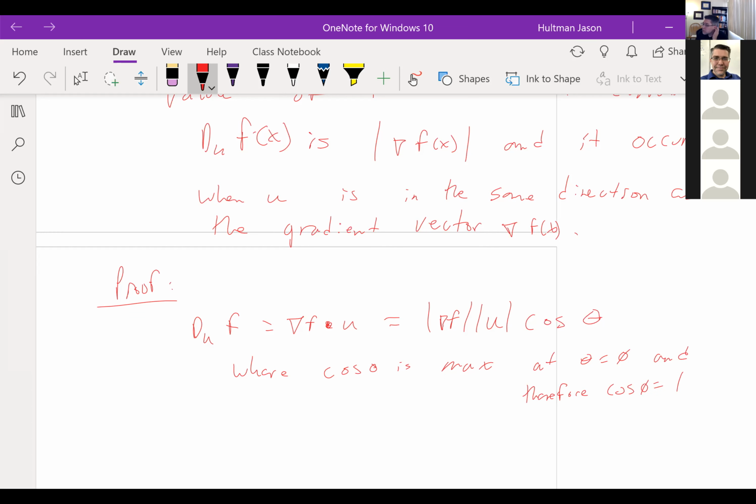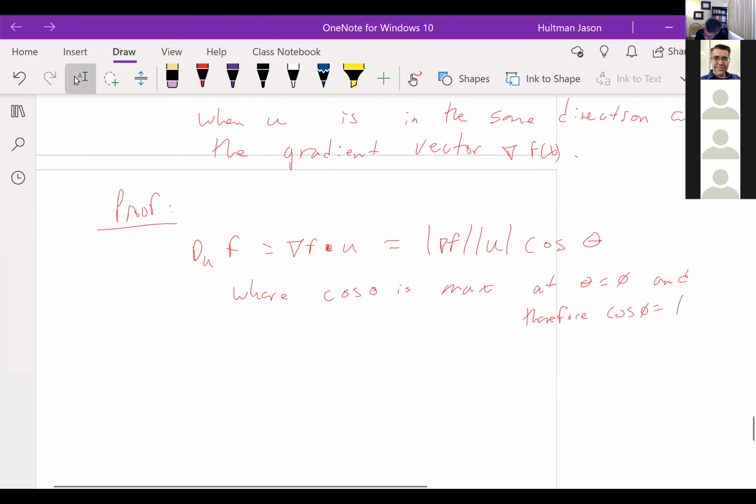So the max happens when the angle between them is 0. So the max of the directional derivative here is equal to the magnitude of del f times the magnitude of u.